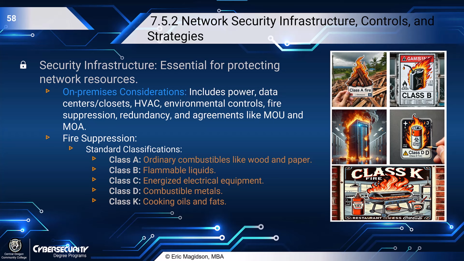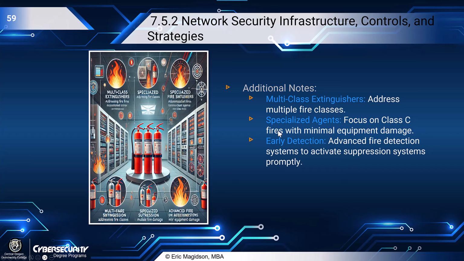fire suppression system. So you'll definitely need to know some of these classifications, focusing on Class C. Keep in mind that a lot of times these are multi-class extinguishers, when we're talking about physical extinguishers, that will do multiple fire types. But again, specialized agents, we're going to focus on Class C fires with minimal equipment damage. So we want to put out the electrical fire, but not completely damage the equipment to where it can't be used again, like water on electrical equipment.